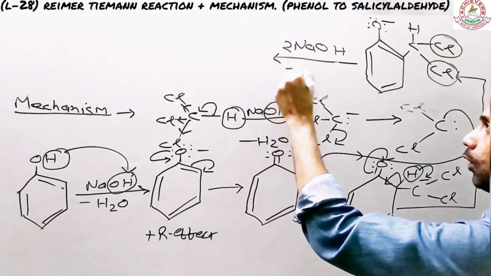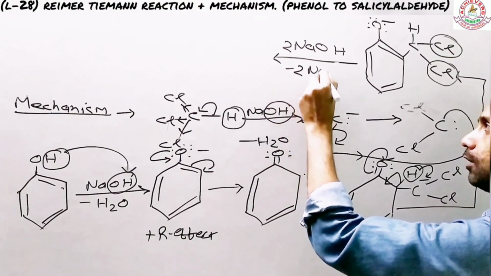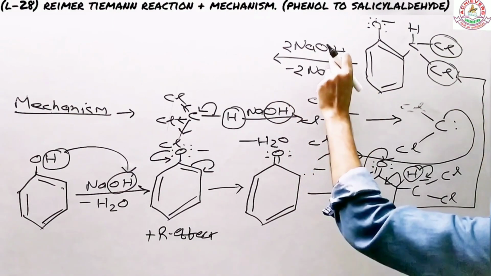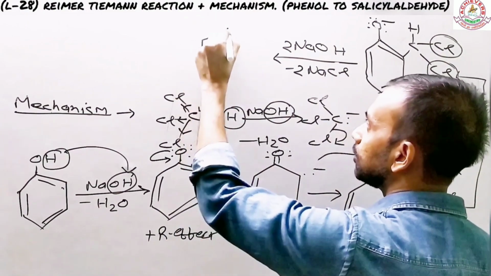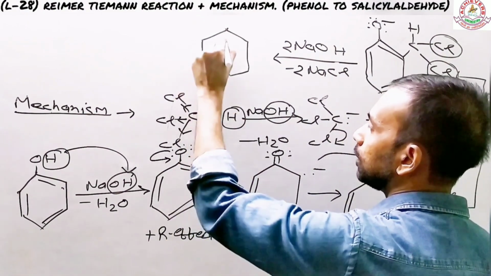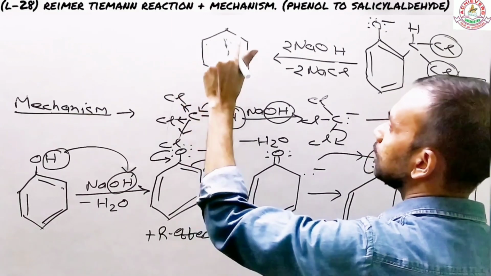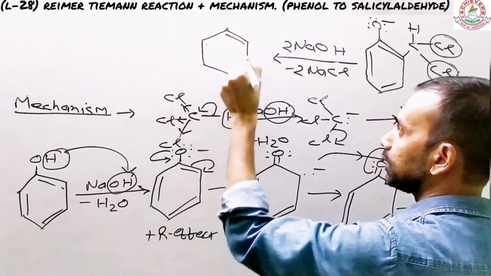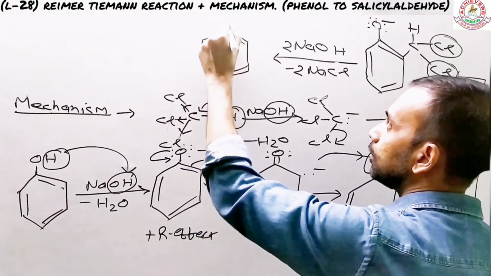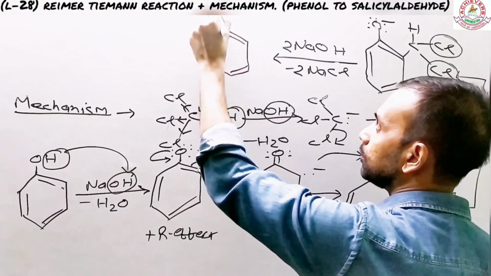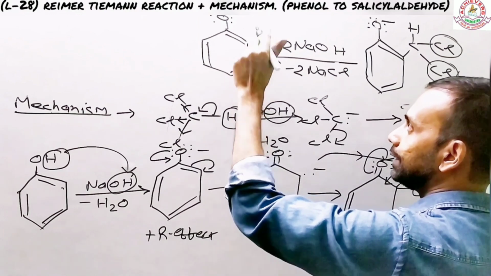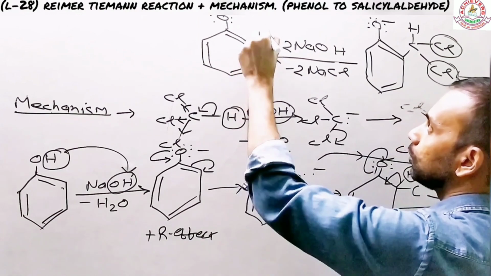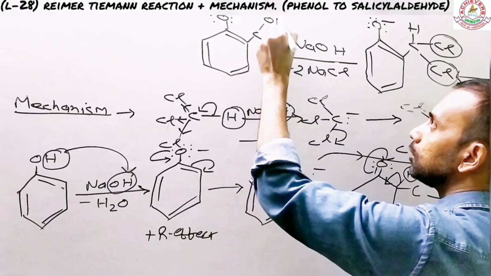So what that means, you form 2 NaCl, and you have 2 OH right at these 2 places. So the products are, you have your first pi bond right here, another one here, and a third one right there. You have oxygen with 3 electron pairs, and this carbon is having now 2 OH.